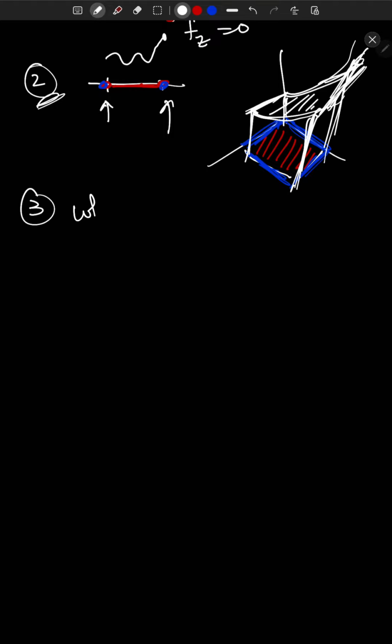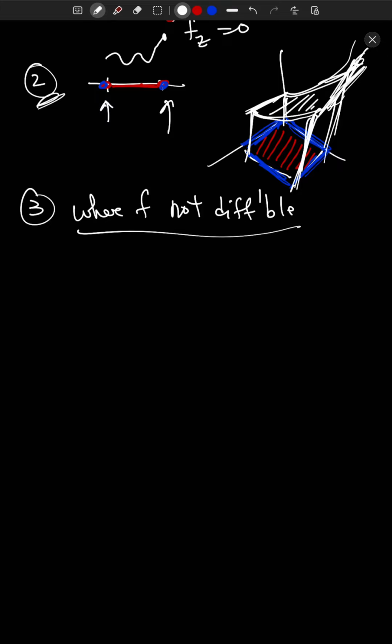Step 3 is where f prime does not exist, f not differentiable, right? And there's not much to say there. We're not going to be working, like I said, with functions which are horribly not differentiable, but we might have a function that looks like f of x comma y equals square root of x squared plus y squared, right?